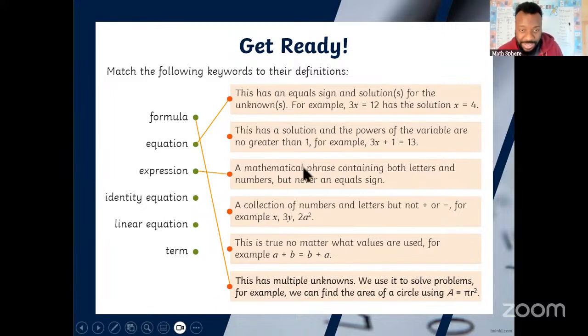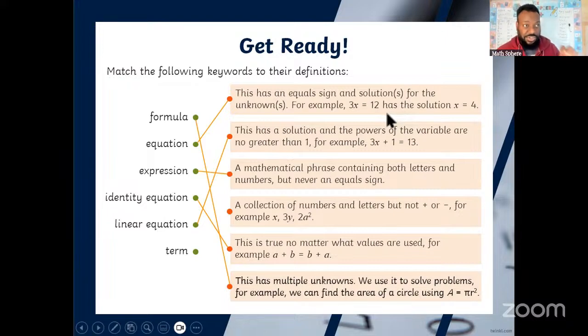Okay, expression. A mathematical phrase containing both letters and numbers, but never an equal sign. So if we had 3x, that's an expression, but it becomes an equation if we say 3x equals 12, or equals something, then it's an equation. Then we can solve it.